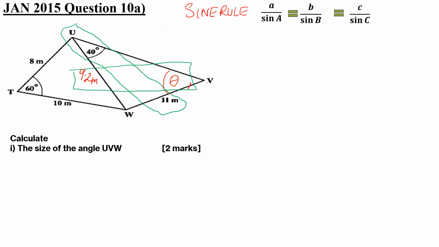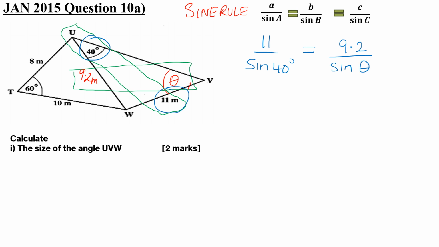So in other words, 11 over sine 40, because that goes with that angle, right? The length goes with this angle. And equals, we know it's 9.2 over sine, and we don't know what it is. I'm just going to call it sine theta.